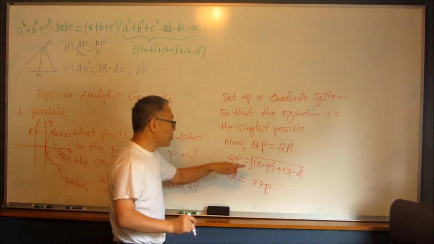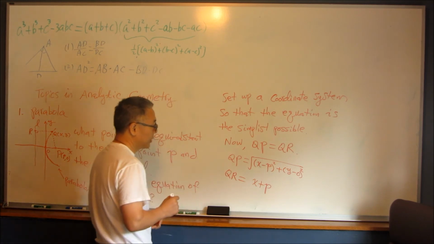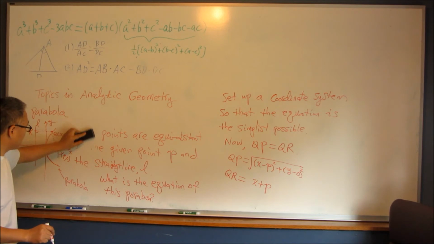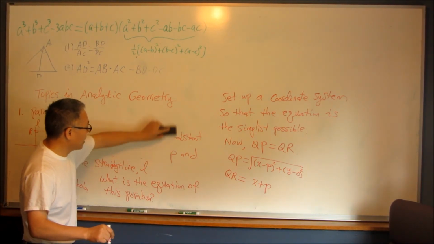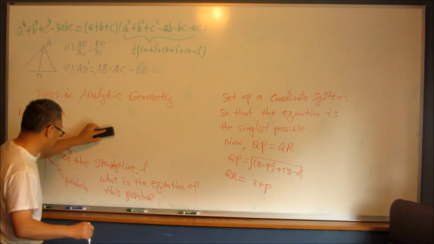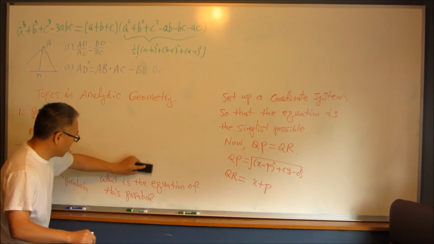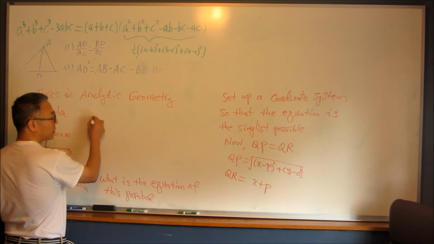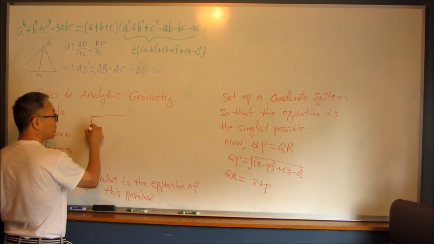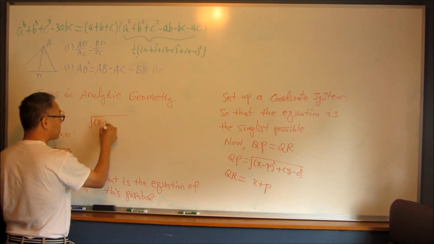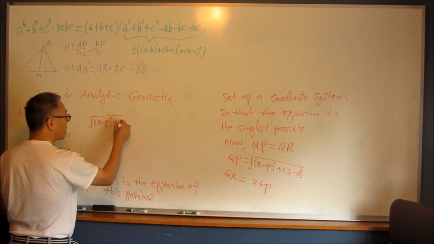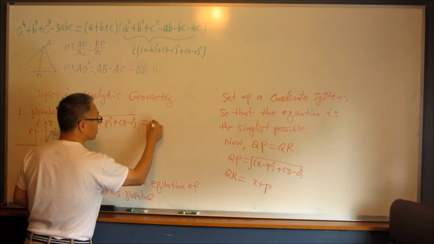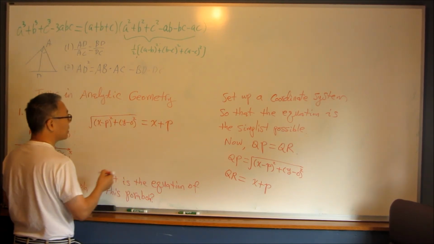Now we plug these two into the equation. What do we get here? We get the square root of x minus p squared plus y minus 0 squared equals x plus p.